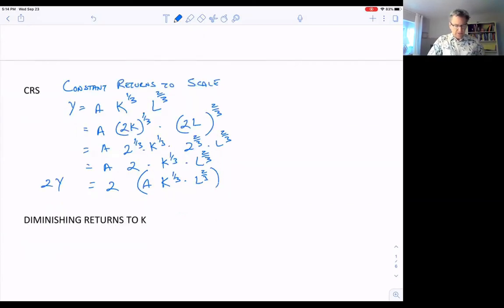Now this production function also shows that there's diminishing returns with capital. As long as alpha is less than 1, we'll have diminishing returns to capital.